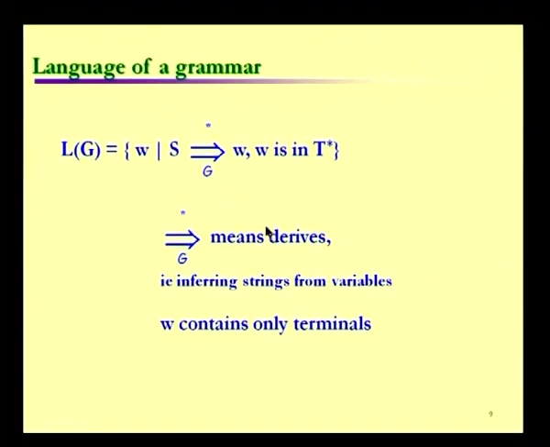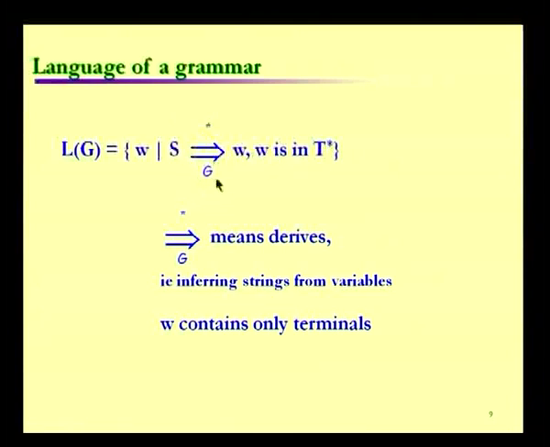Now look at the definition of the language of the grammar. It is the set of all strings, but the condition is that for every string W, there should be a derivation from the start symbol of the grammar in any number of steps, and W must be in T star. That is, the string obtained should contain only terminals, not variables or non-terminals.